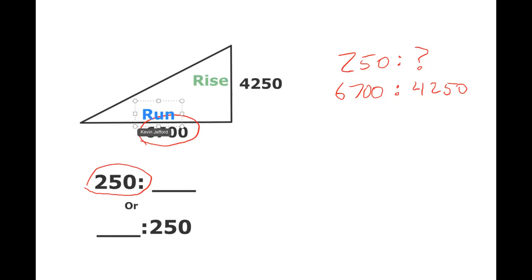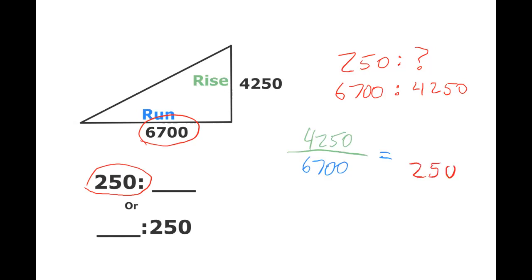So going back to my math, creating an equation, I have a rise of 42.50, and I have a run of 6,700. So now I've put rise over run, and I'm going to put that is equal to 250 question mark. 250 is always the same as my long leg, so it goes on the bottom, right?